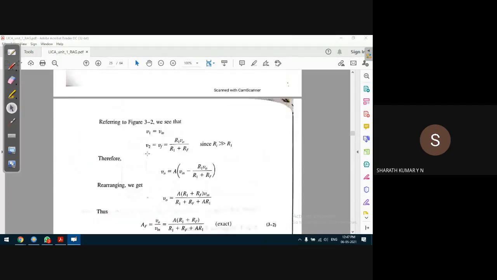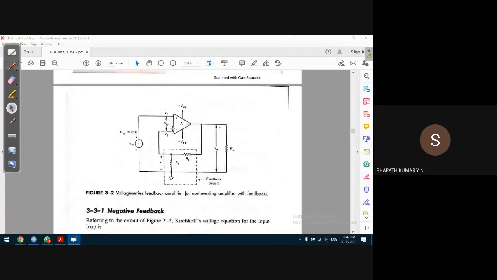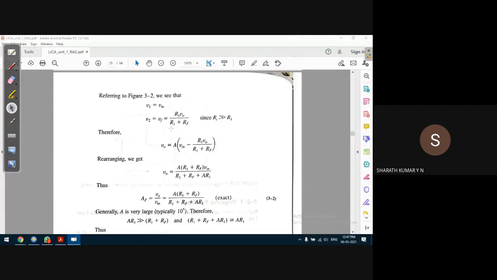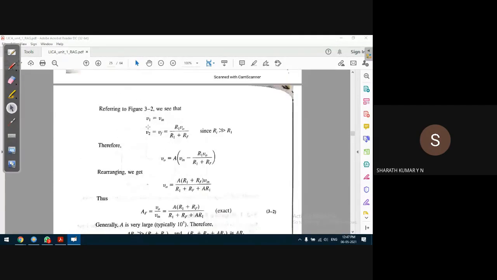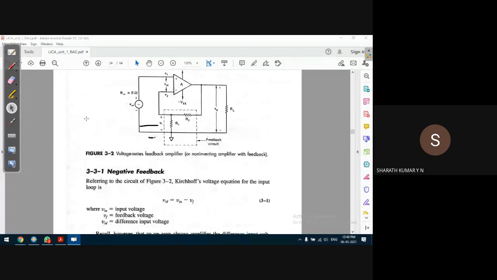analyze like this. With respect to this circuit, we can derive the expression for the output voltage using the input voltages V1 and V2. So VF is the output of the feedback network, that is somewhere here, VF. Let me zoom in now.